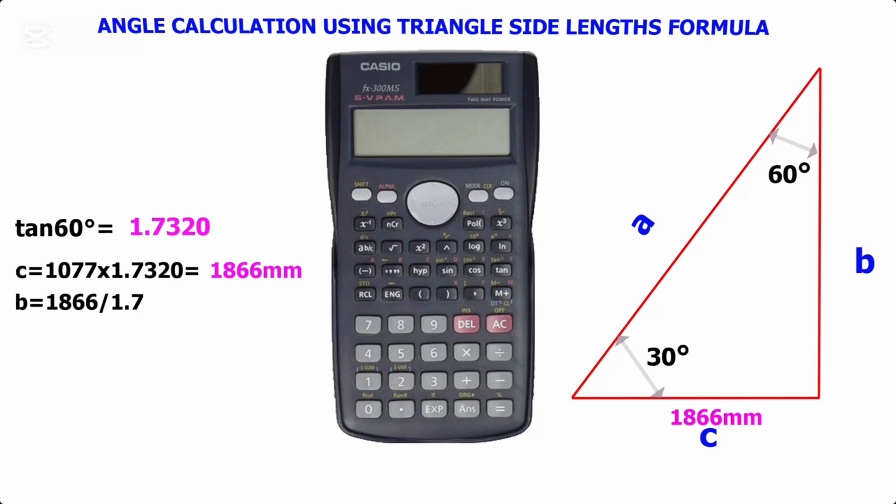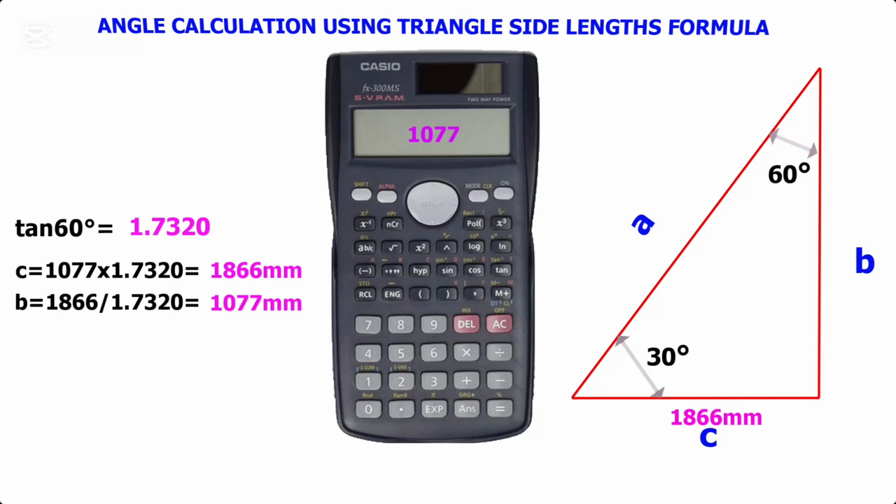Now we calculate also this B. So B is equal to 1866 divided by 1.7320, which is equal to 1077.